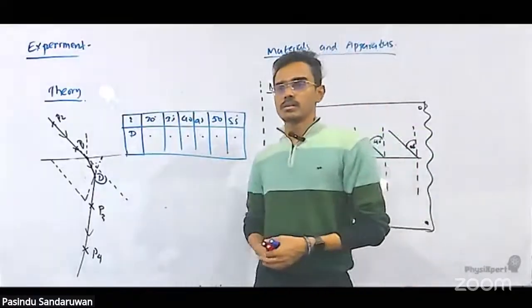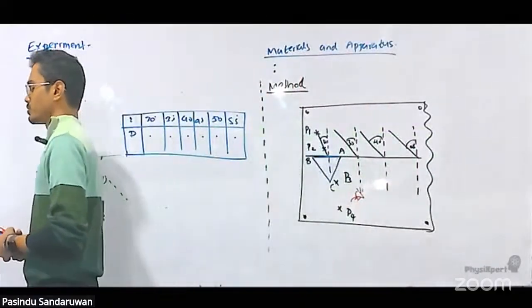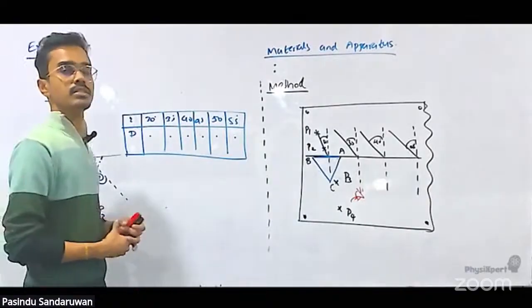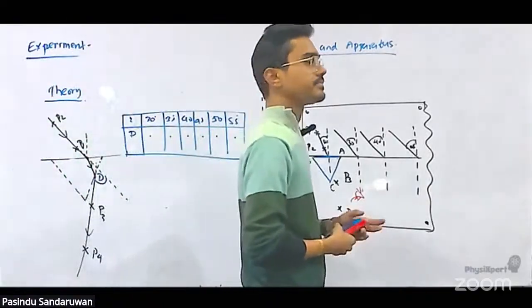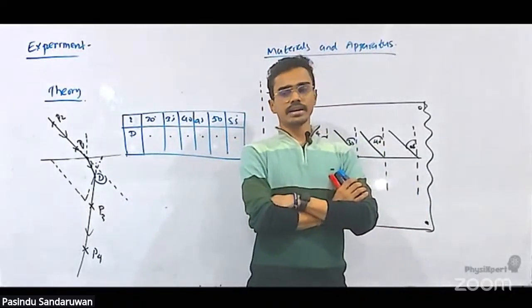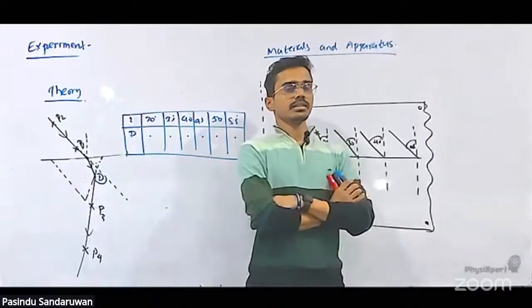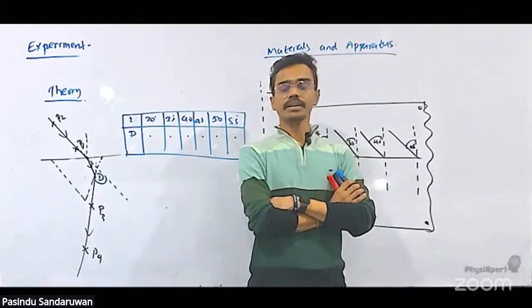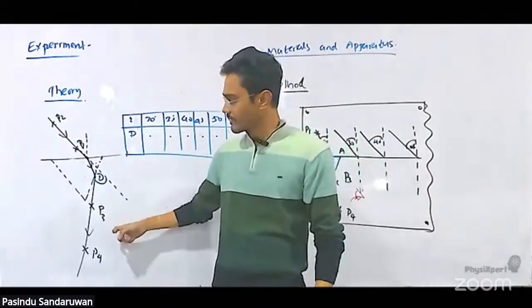Next point. Measure angle of deviation using the ray diagram. Right? Okay, now take this down.